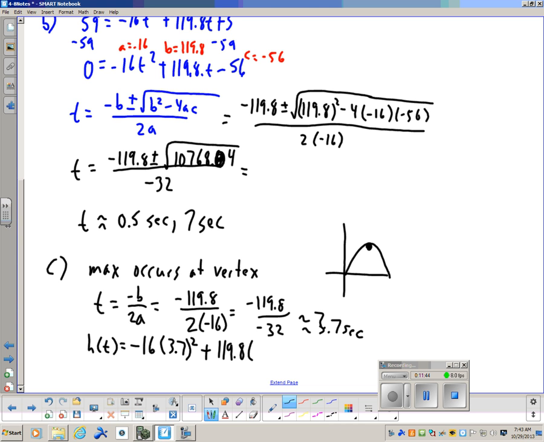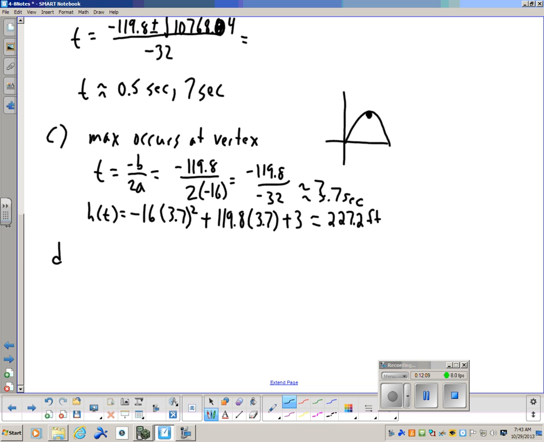And then plus 3. So when I end up plugging 3.7 in there, I end up getting 227.2 feet, kind of keeping my rounding there to the nearest tenth.